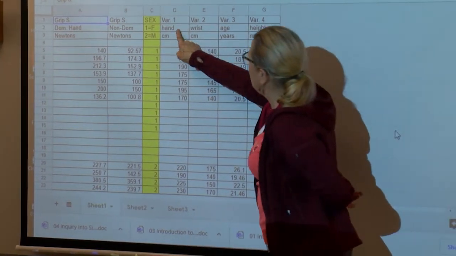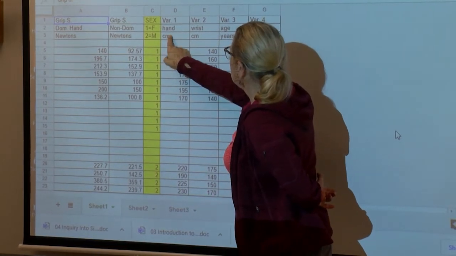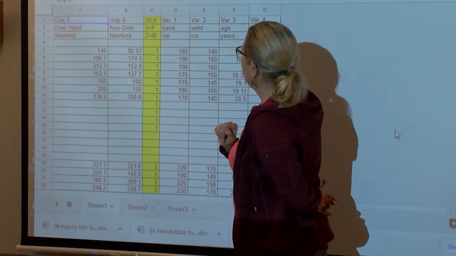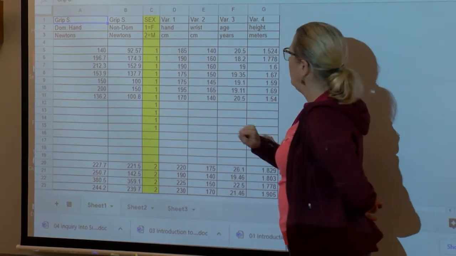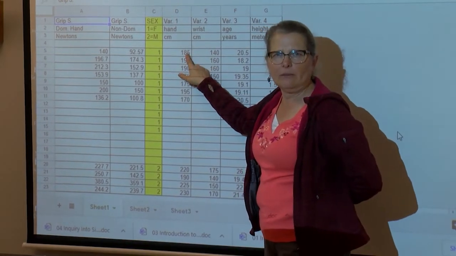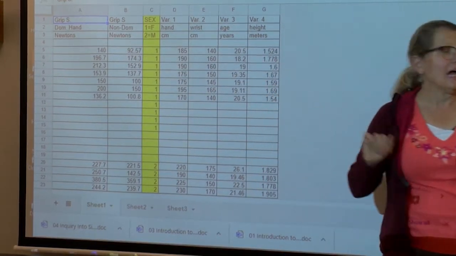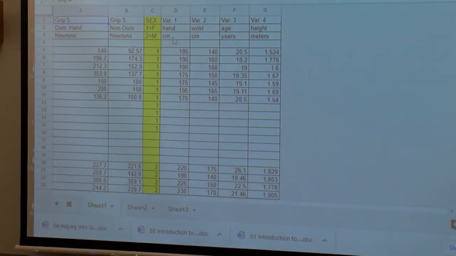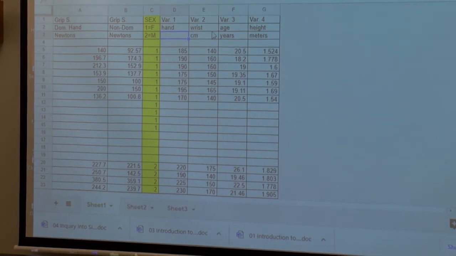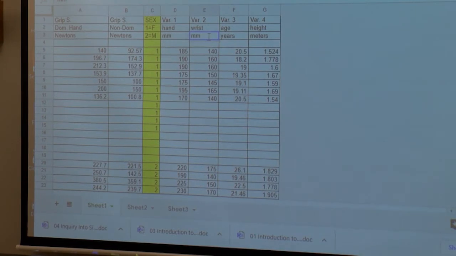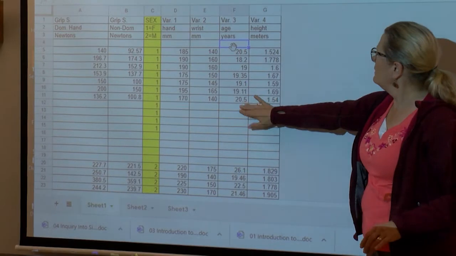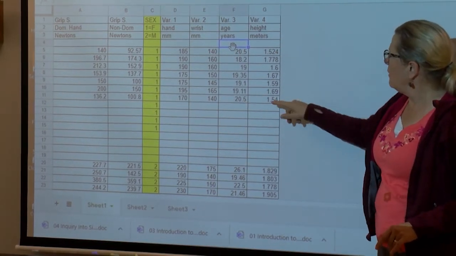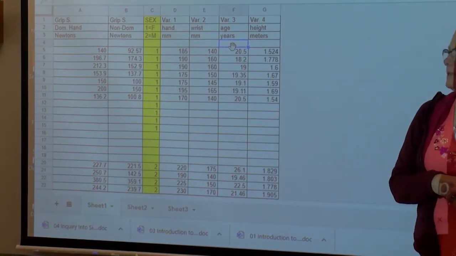This class settled on the hand in centimeters, the wrist, and there's no way that the hand was 185 centimeters. I guessed on that, and I guessed wrong. They must have been measuring in millimeters. The age was in years, and the height was in meters.